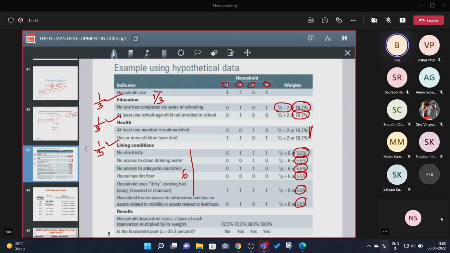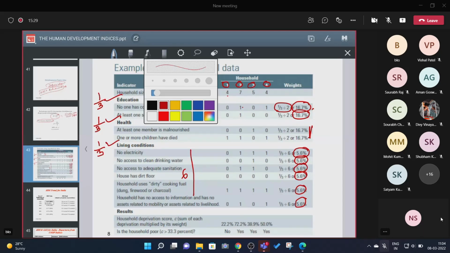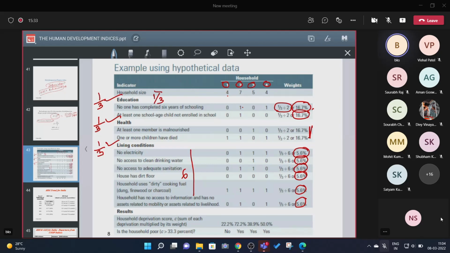So what these weights mean is that if any household is experiencing any of these conditions, then we give that weight to that indicator for that household. For example, in the education dimension here, you see no one has completed 6 years of schooling.